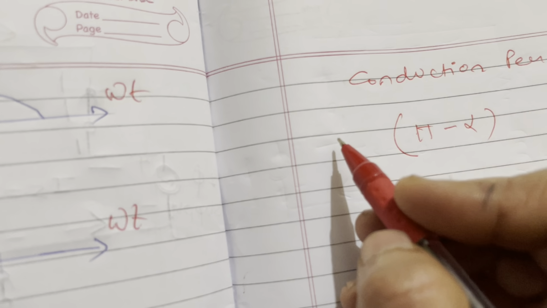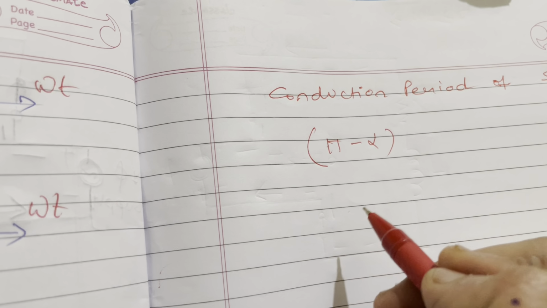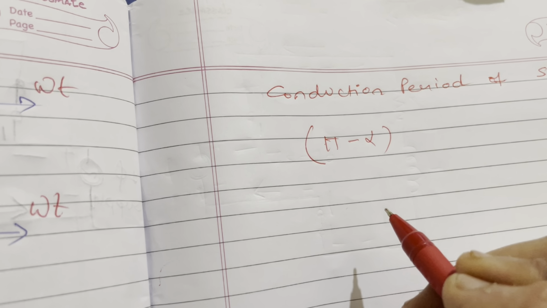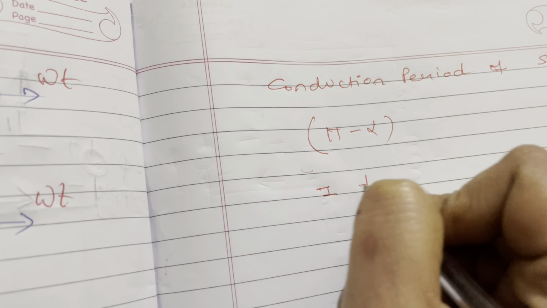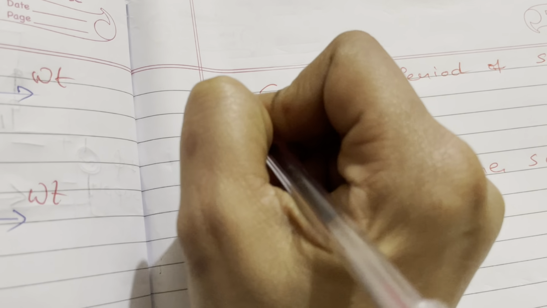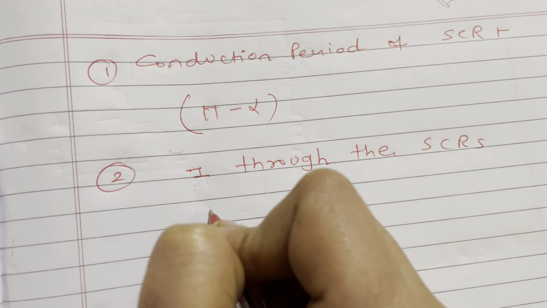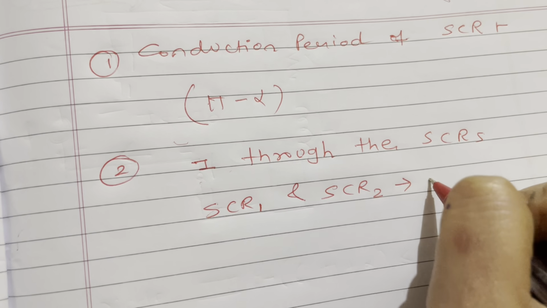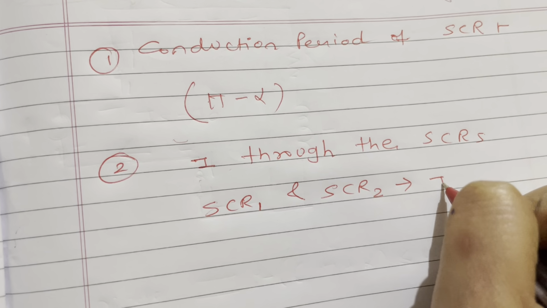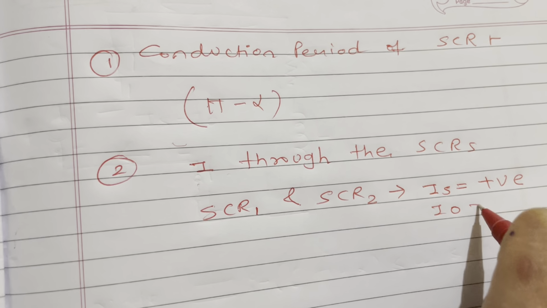Then the current through the SCR is related to the supply current. The supply current IS takes positive and negative values. When SCR1 and SCR2 are on, the supply current is positive, that means IS is equal to I0.